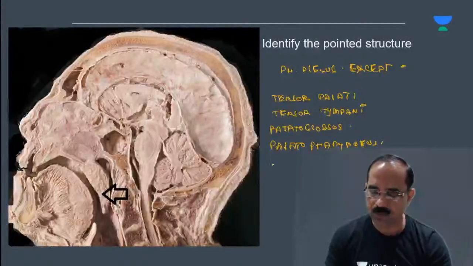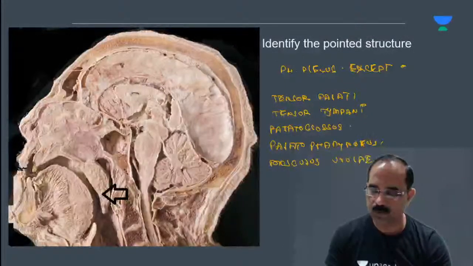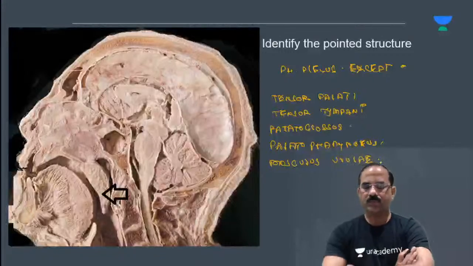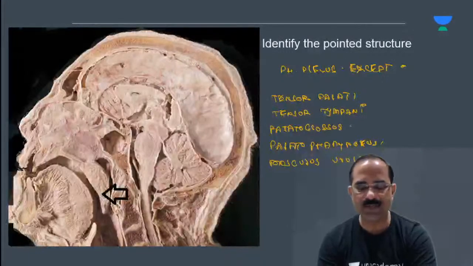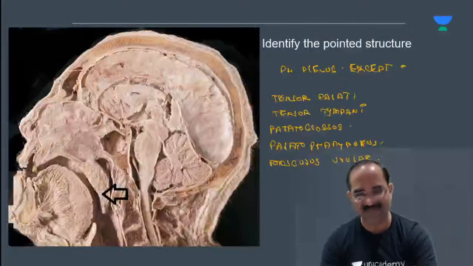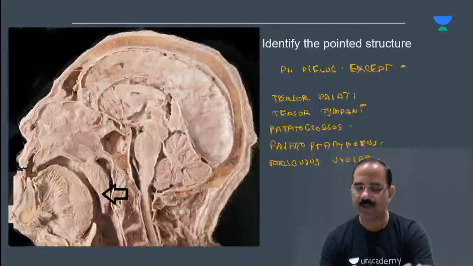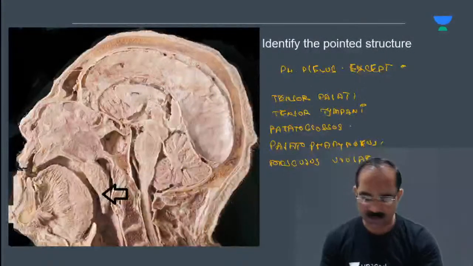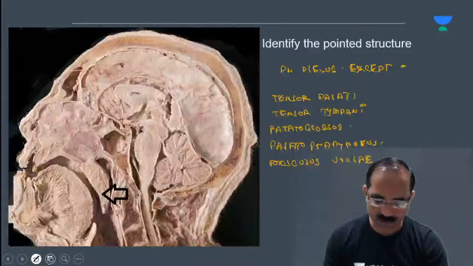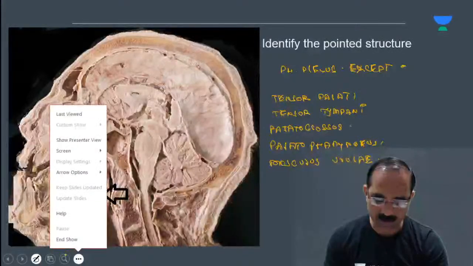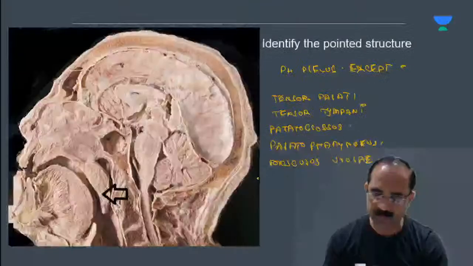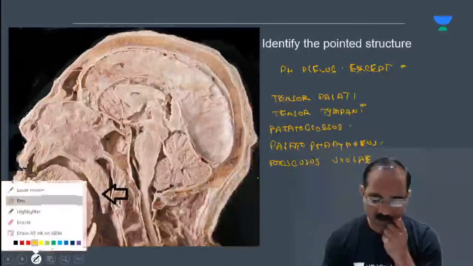And which is the last one? Musculus uvulae. Now I've told you the muscles. Yes, you got this right. That's the tensor palati. So tensor palati, levator, not tensor tympani. I'm so sorry, one moment.